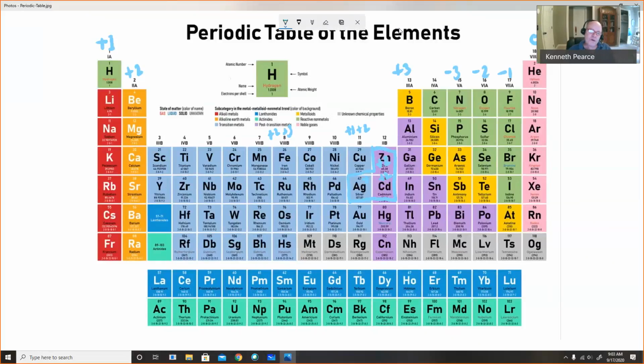So we don't know ahead of time what charges are going to be in the middle. Now we do know the other elements, we go +1, +2, +3, -3, -2, -1, but the middle elements, it's not as easy.